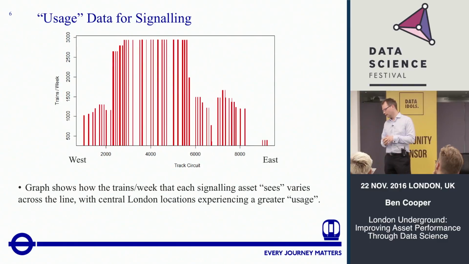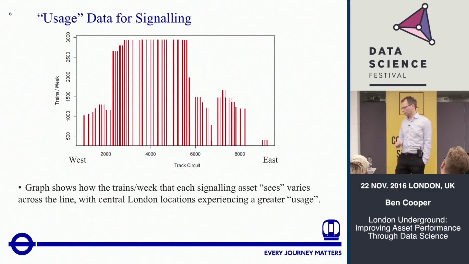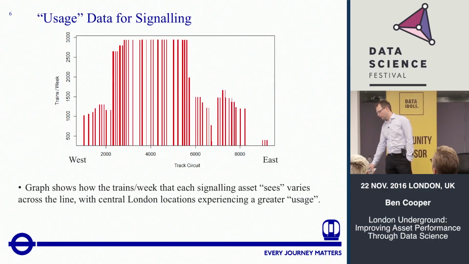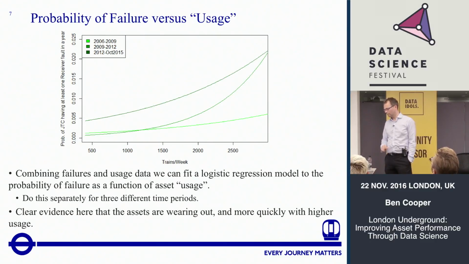These assets are called track circuits, and there's a certain category of assets with a much higher usage, a much higher trains per week volume, than other ones. This higher usage occurs in central London, so it seems reasonable that this could be a factor driving failure.